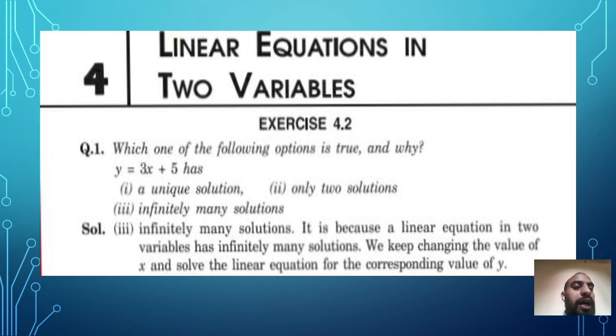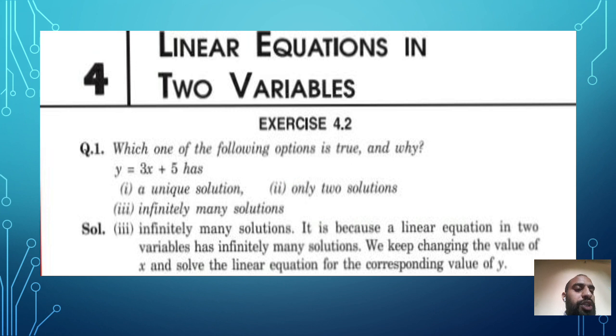As I told you, how it is possible, because you can select any value. As I made a table in the previous slide, you can select any value and you will get a value for the other variable. So what is our answer? You can write infinitely many solutions. It is because a linear equation in two variables has infinitely many solutions.